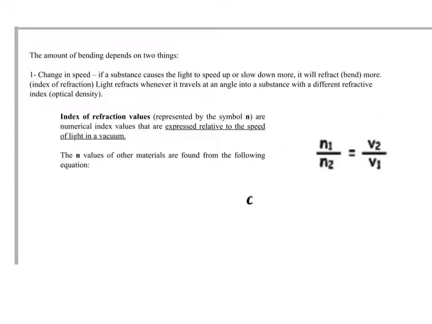What affects the amount of bending? One, the change in speed. If a substance causes the light to speed up or slow down more, that means that it will refract more. We have a term here, the index of refraction.